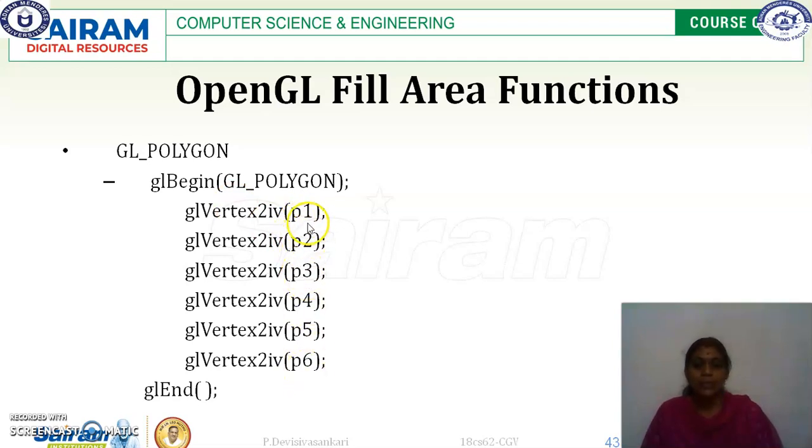There are six different points, and all these points are variables, because the p1 value is not directly given; it is a variable defined somewhere else in the program. p1 is a variable with an integer value, and we use the two dimensional x and y only. This way we specify all the different points. The function should start with glBegin and end with glEnd, and inside we specify what sort of primitive we are using. Here the primitive is GL_POLYGON.